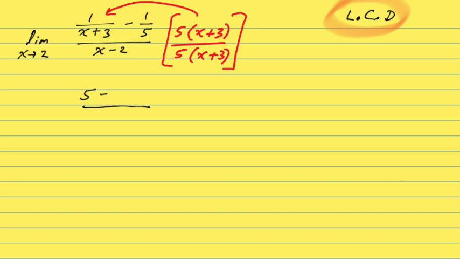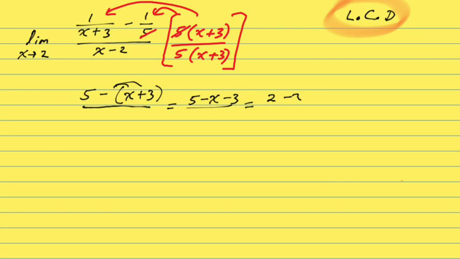Minus, when you multiply here, would the 5's cancel? Leaving me what? x plus 3. Now, if you clean this up, you get 5 minus x minus 3, which is 2 minus x.